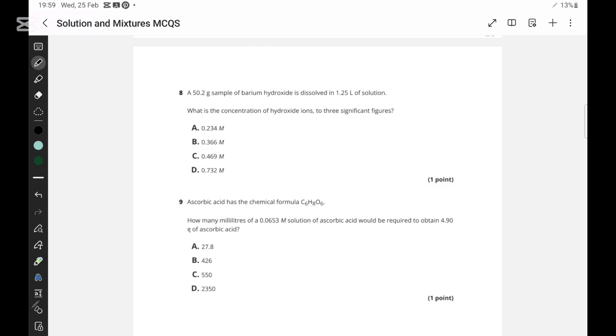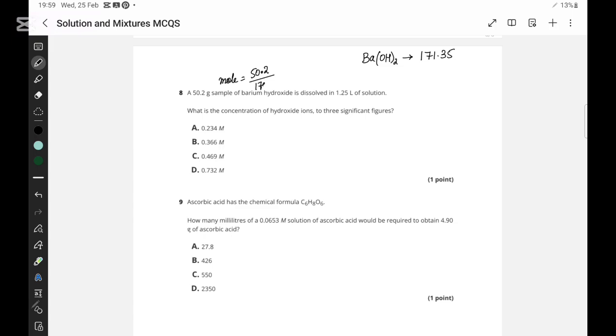In this question they are saying 50.2 grams of barium hydroxide. So first of all you need to calculate the mole. Mole is equal to mass divided by molar mass. Mass is 50.2, and barium hydroxide is Ba(OH)2. Its molar mass is 171.35.